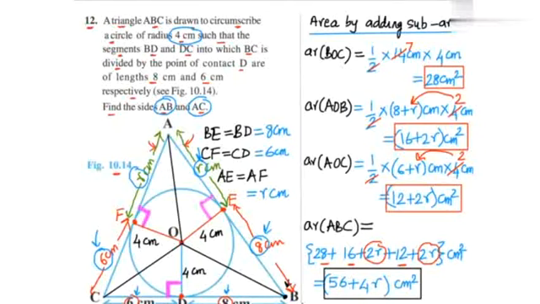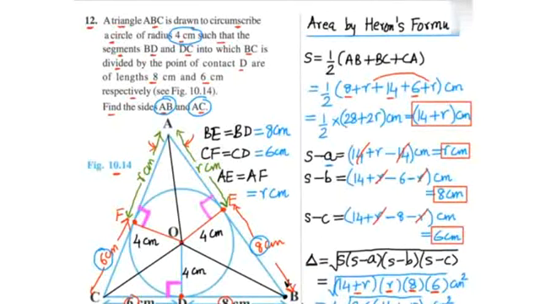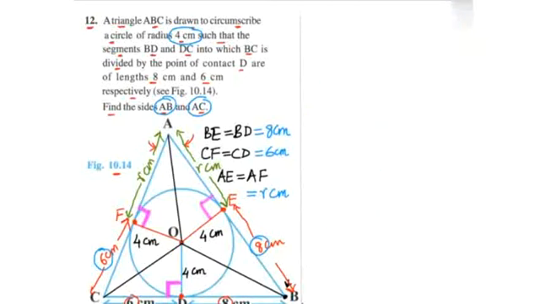And the second expression we have obtained is 4 times root of 3r times 14 plus r, centimeters square. So now let's equate these two expressions. The first expression is 56 plus 4r, and the second expression is 4 times root of 3r times 14 plus r.